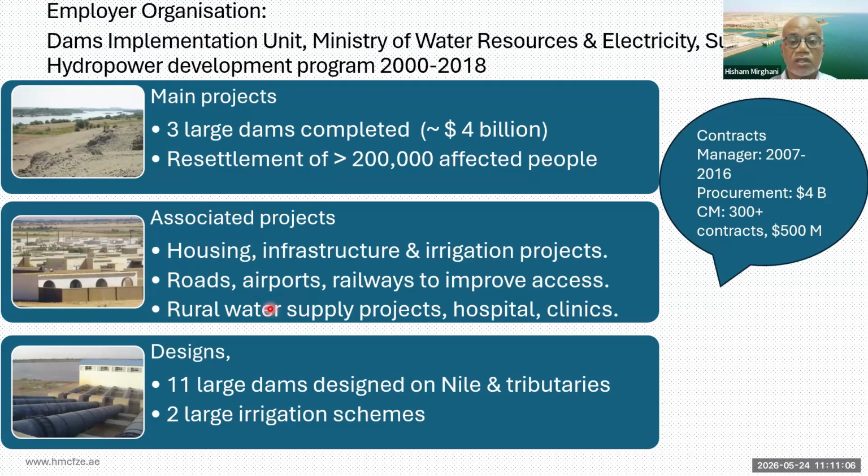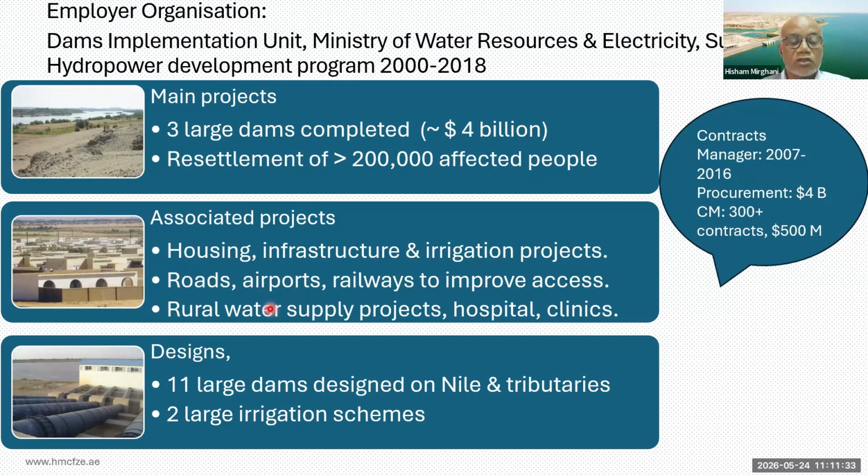such as housing, infrastructure, and irrigation projects for the affected people, and also a lot of projects to improve access to these remote locations where the dams are located, such as road network. There was at least 1 large regional airport, plus some airstrips and some railway connections to improve access, and also a lot of general development projects in these rural areas to improve water supply as well as health services.